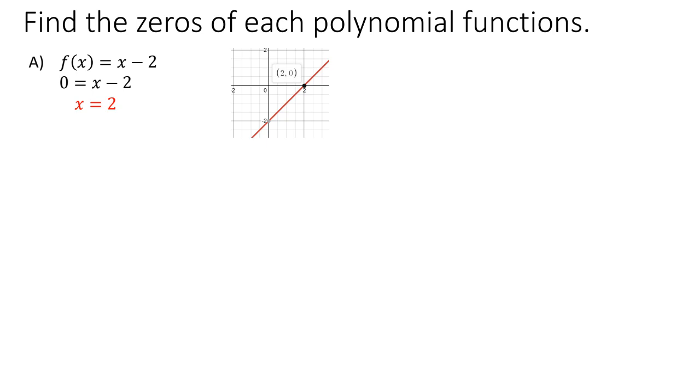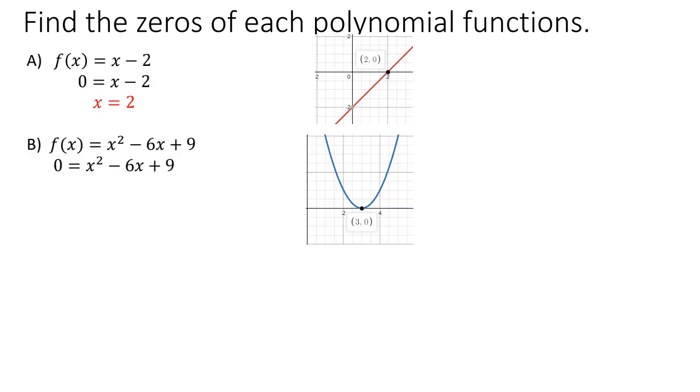What about b? Here we have a quadratic. You could have used the quadratic formula or factored this to solve for the zeros, but you'll see that it does have 2 zeros. When the graph touches the x-axis and then turns around, this is called a double multiplicity.